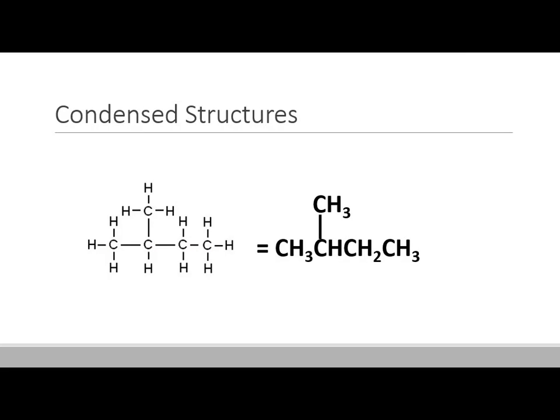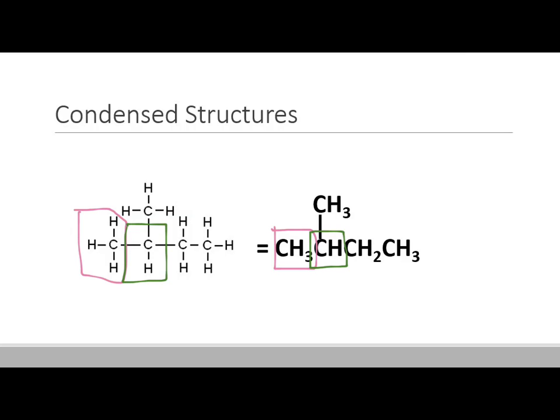Now, if we have a branch structure, oftentimes we will specifically write out or draw out the branch itself, just to let people know what the shape is. So here you can see we have a CH3 group, which would be this one here. And then it looks like we have a CH group, so a carbon with just one hydrogen attached.